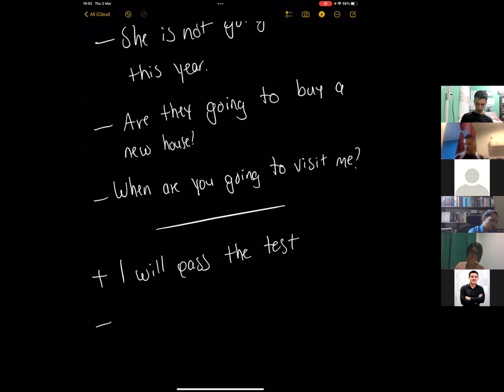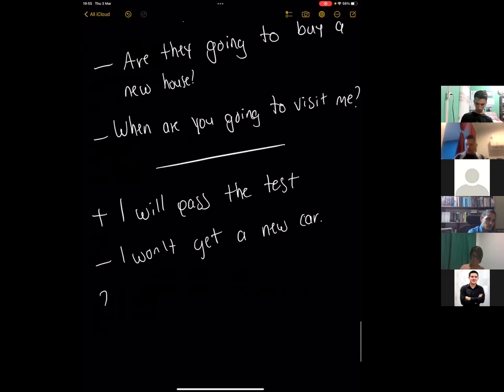As a negative one, you can say, I won't get a new car. As a question, you can go ahead and say, will she swim tomorrow?